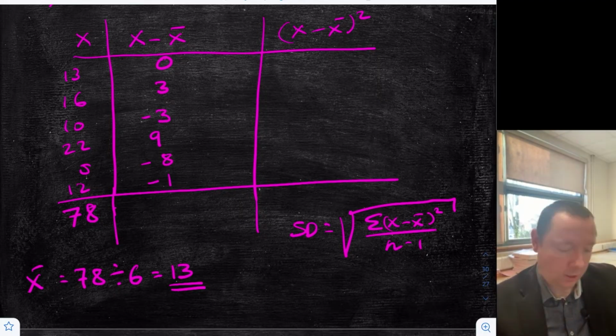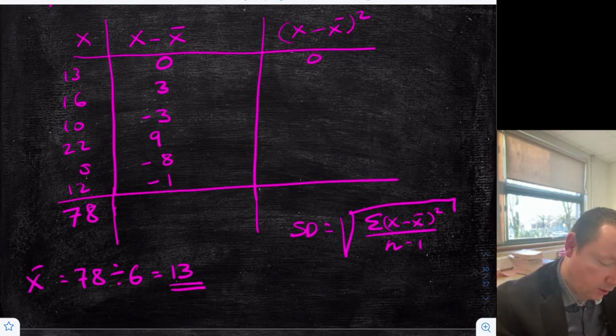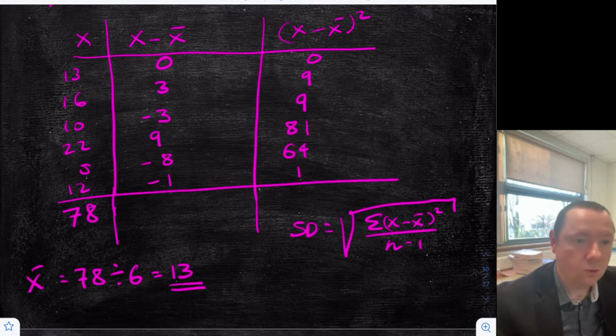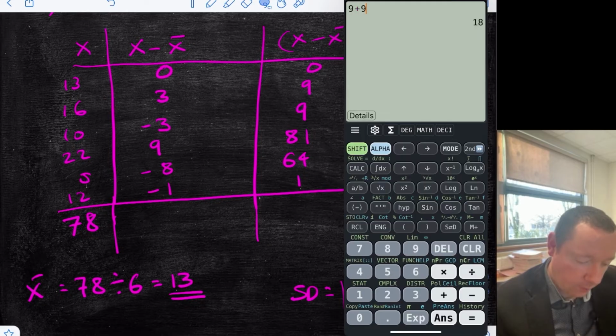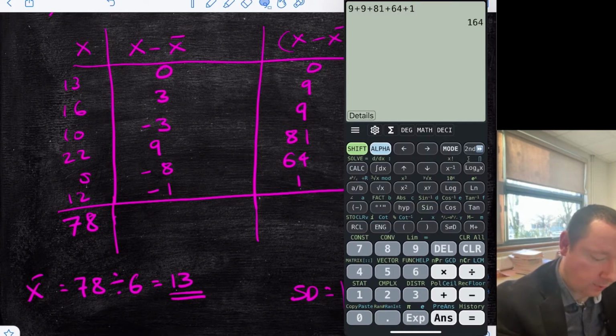We then square each of the numbers on the end, so that is still 0, 3 3s is 9, 3 3s is 9, 9 9s is 81, 8 8s is 64, 1 times 1 is 1. So once we've got all those numbers, we just add them all up: 9 plus 9 plus 81 plus 64 plus 1, and that gives me 164.